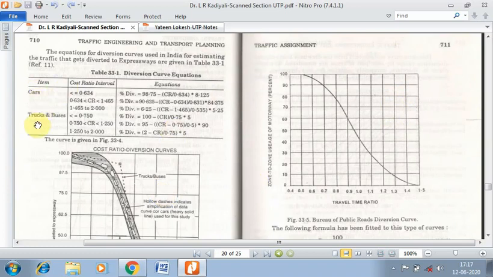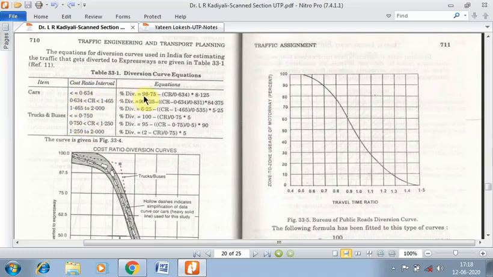If there are cars, buses and trucks, they are categorized in two sections here. For cars, you have three different circumstances. One is where the cost ratio interval is less than or equal to 0.634. Second is 0.634 to 1.465, and the third one is 1.465 to 2. Similarly for trucks and buses.